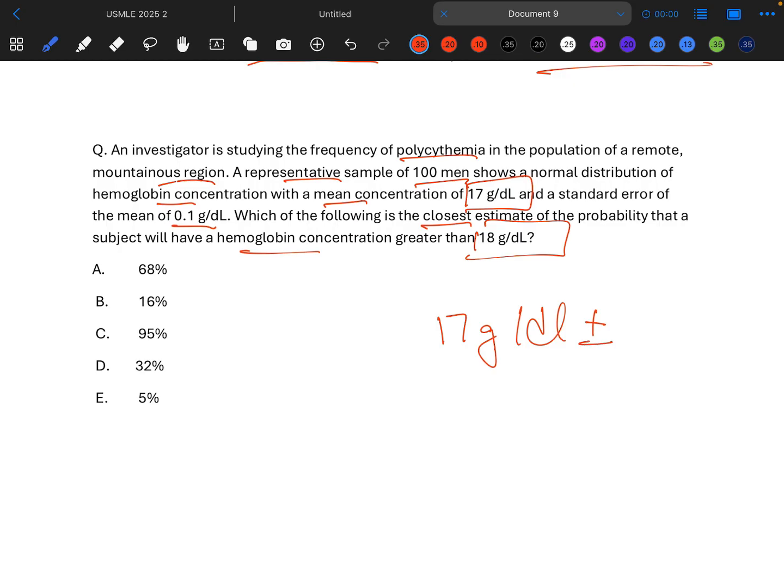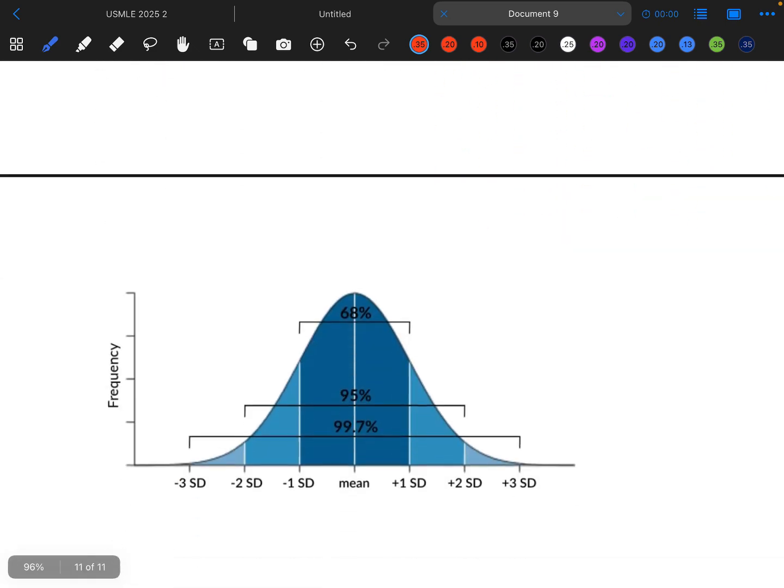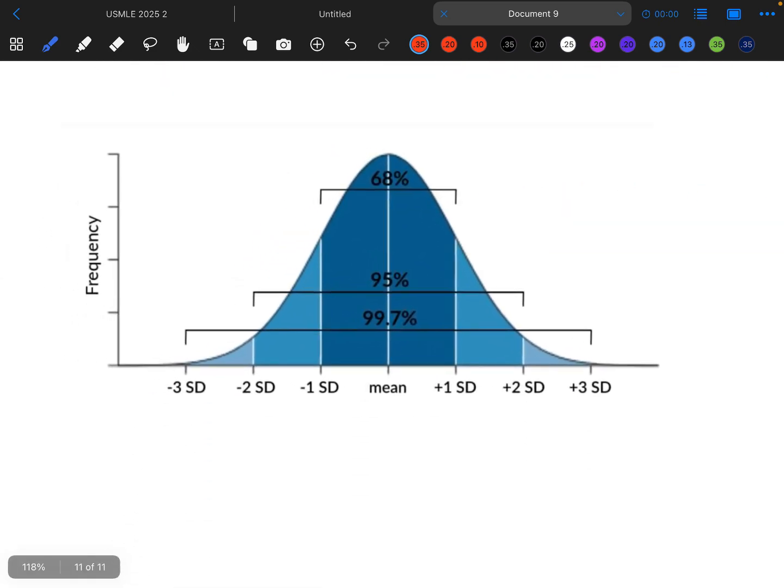Okay guys, they gave the value for the mean, 17 gram per deciliter, with a standard deviation of 1 gram per deciliter. Understand? So in a normal distribution, the standard deviation of hemoglobin concentration is 1 gram per deciliter.